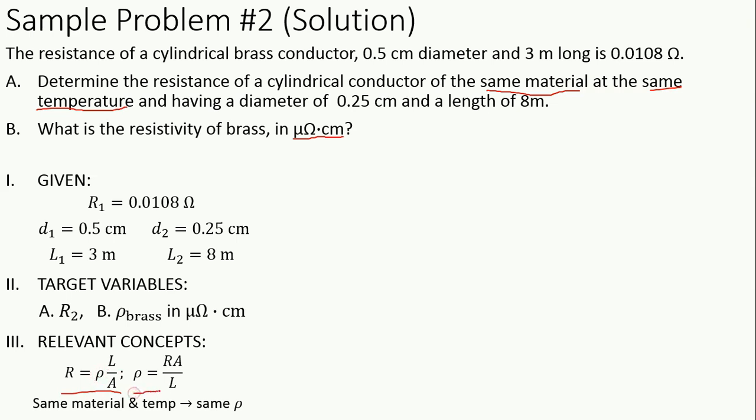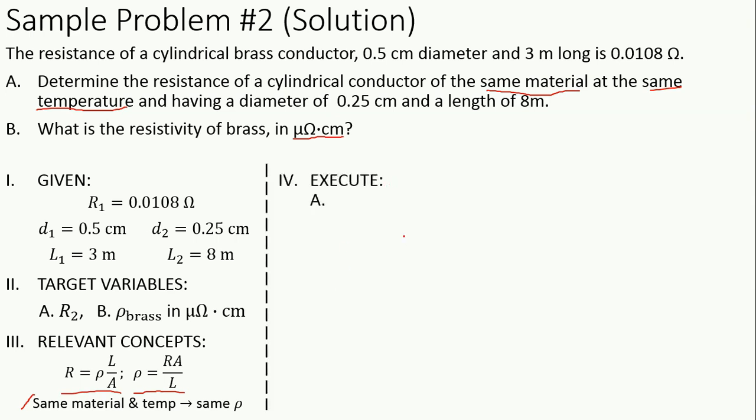The second formula is just a rearrangement of the first. Also take note of the same material and same temperature. This implies that for the two sets of dimensions, the resistivity is constant. With that, let's execute our solution.